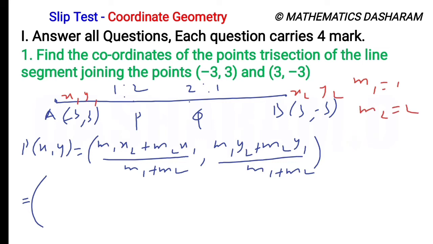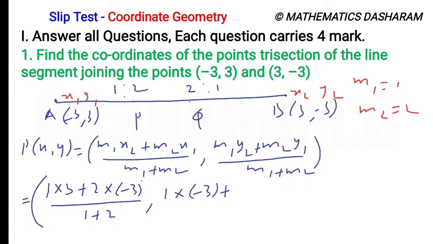So m1 is 1 into x2 value, that is 3, plus m2 is 2 into x1 value, -3, divided by m1 plus m2, 1 plus 2, comma, m1 1 into y2 value -3, plus m2 2 into y1 value 3, divided by 1 plus 2.